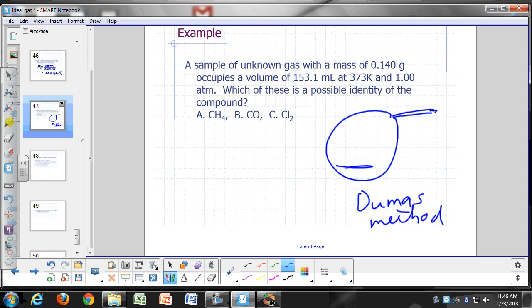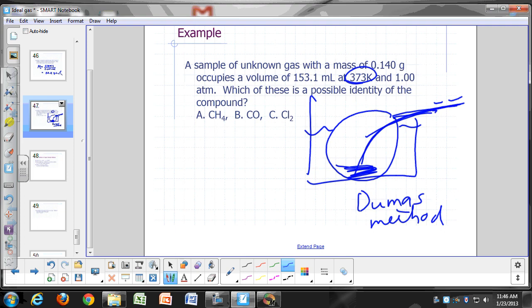You put a sample of liquid in a bulb. You immerse it in water. You heat it up to 100 degrees, so that's 373 Kelvin. So you put it in boiling water. The liquid will evaporate and the gas will escape. Once all the liquid has vaporized and most of the gas has escaped, you seal off this bulb right here, and then you have a sample of your gas at 1 atmosphere pressure and at 373 Kelvin.